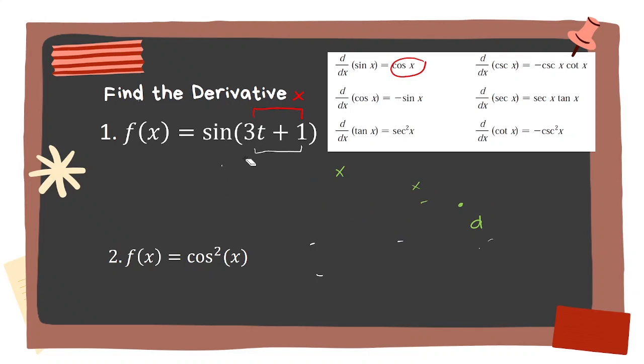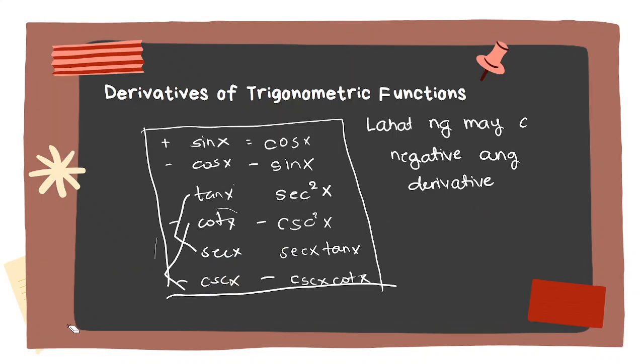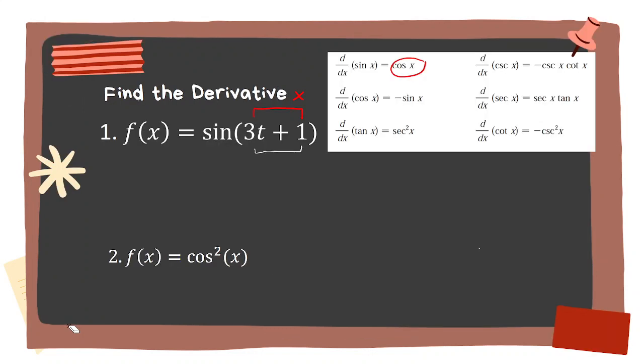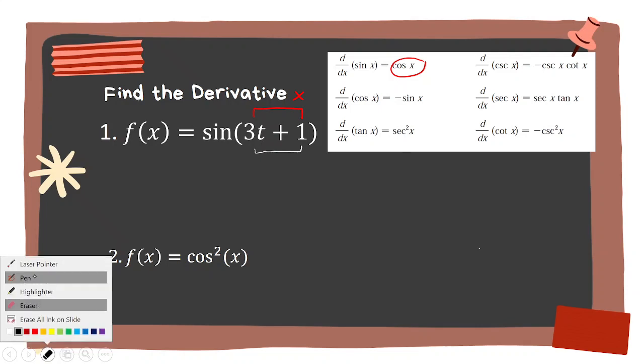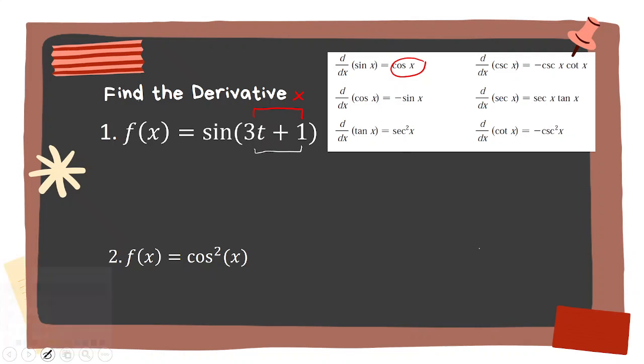so what can you observe in cosine squared x, Mr. Yaya? Cosine squared x is basically not equal to cosine of x squared, at tandaan mo ha, cosine squared x is equal to the square of the whole cosine x.